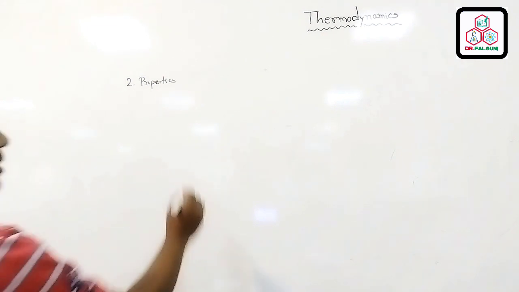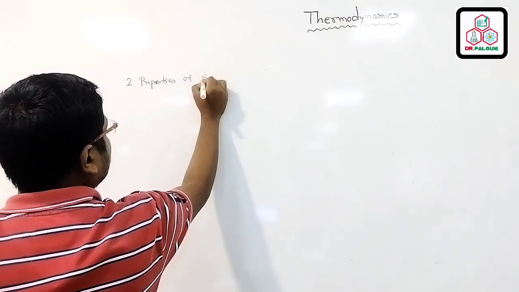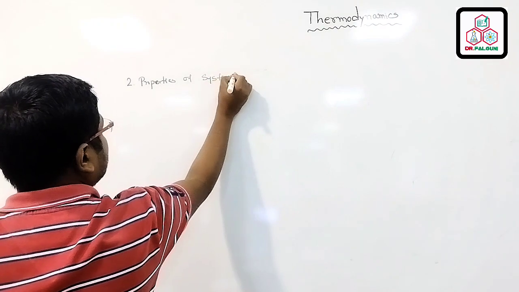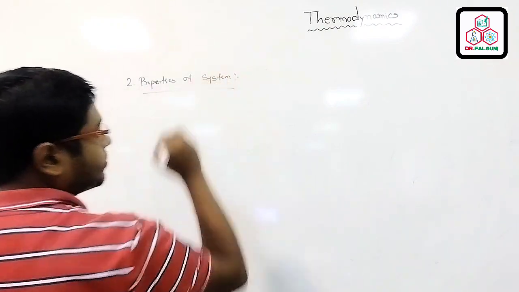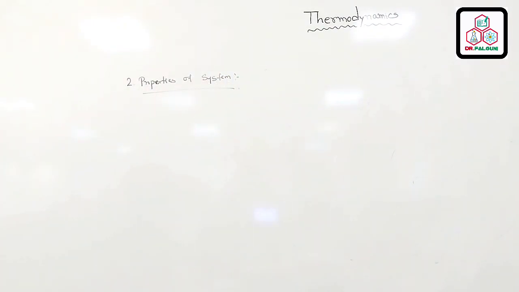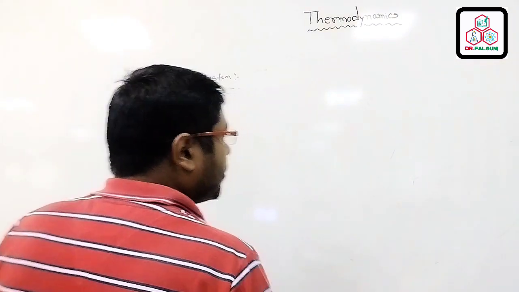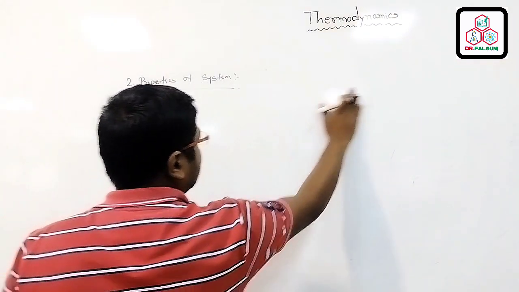So properties of system are of two types.